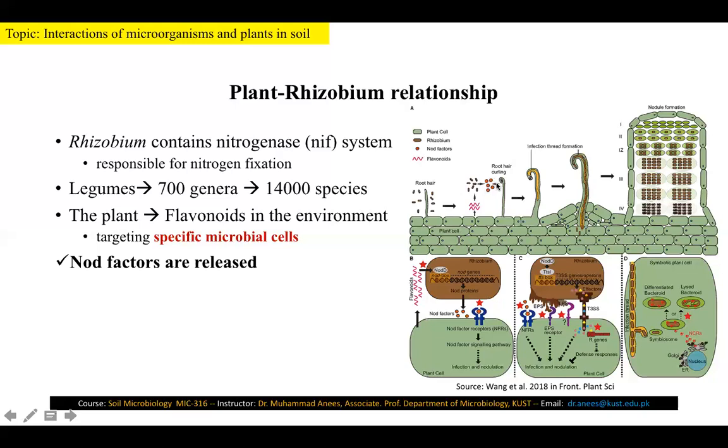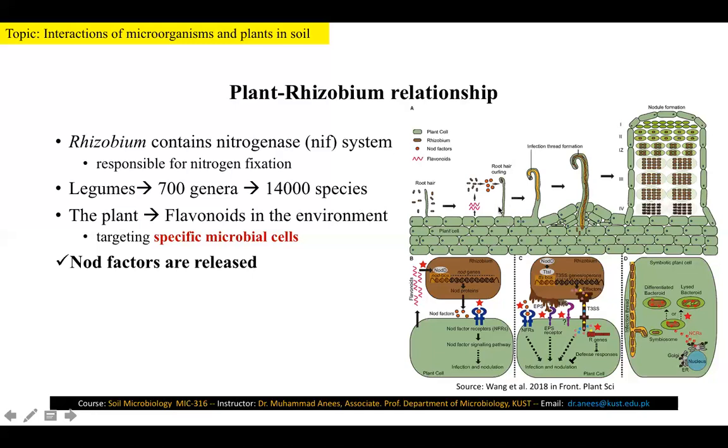So here you see these are the node factors. Node factors are basically the signals produced by the rhizobial cells to plants that initiate a number of gene expression in plant cells.